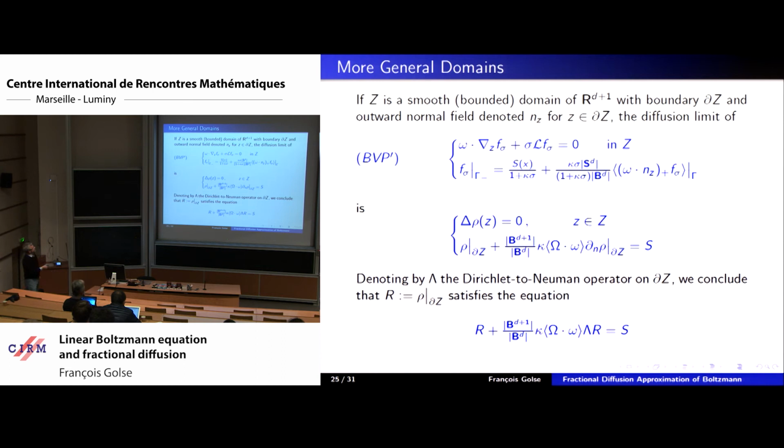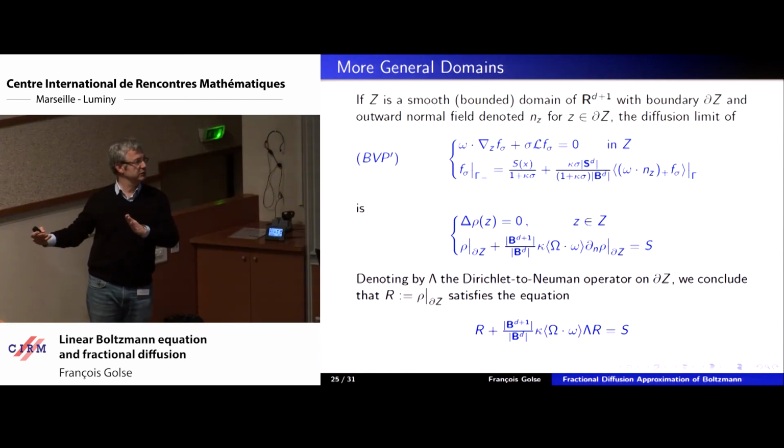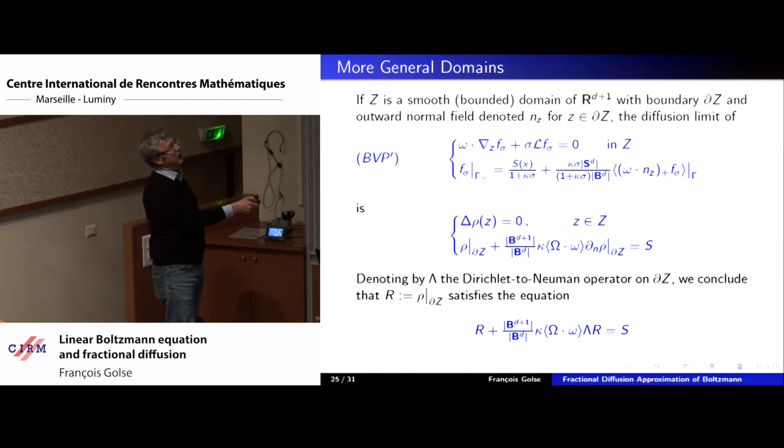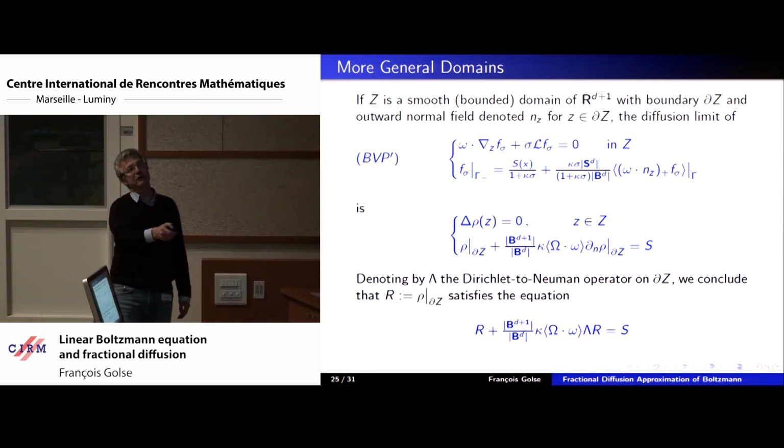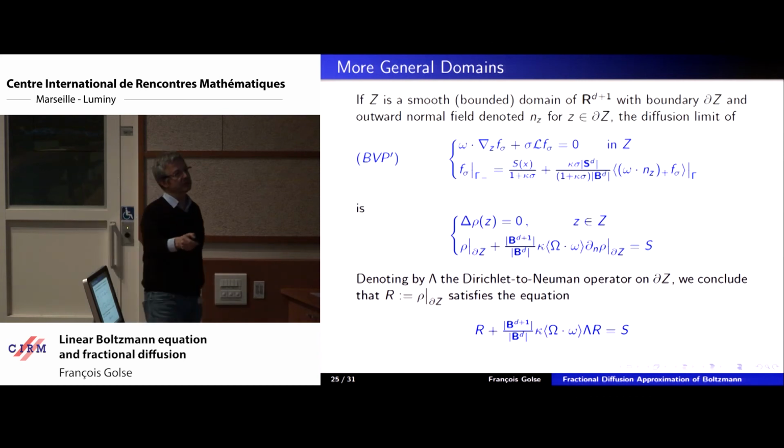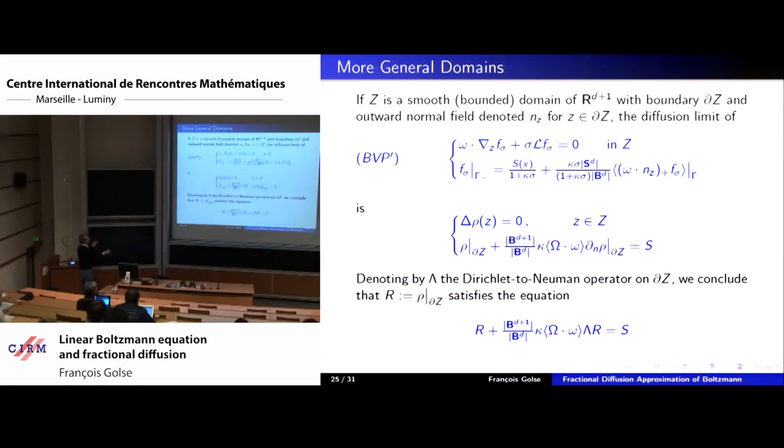So here gamma minus is the part of the boundary times velocities, or directions, omega, for omega entering the domain, right? So here the Dirichlet condition, f_sigma, the number density of the particles entering the domain, is the superposition of S of x, which is scaled by something asymptotically proportional to 1 over sigma, plus something which is of the form 1 minus 1 over sigma times the outgoing flux, right?